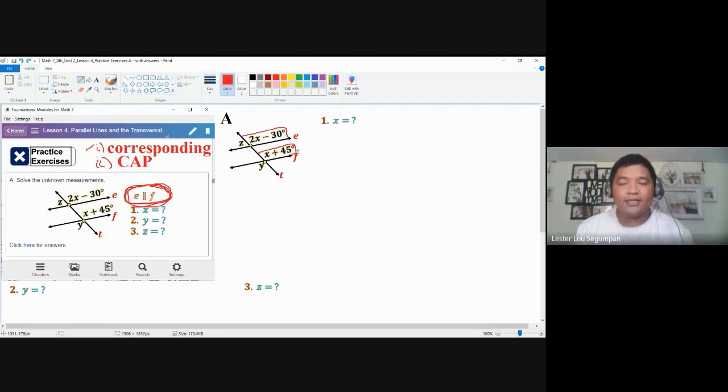Again here, we establish that they are corresponding angles, and we are going to use the corresponding angles postulate, which tells us that the two angles here are congruent or have the same measurement. If we talk about same measurement, the value of 2x minus 30 degrees must be equal to the value of x plus 45 degrees.